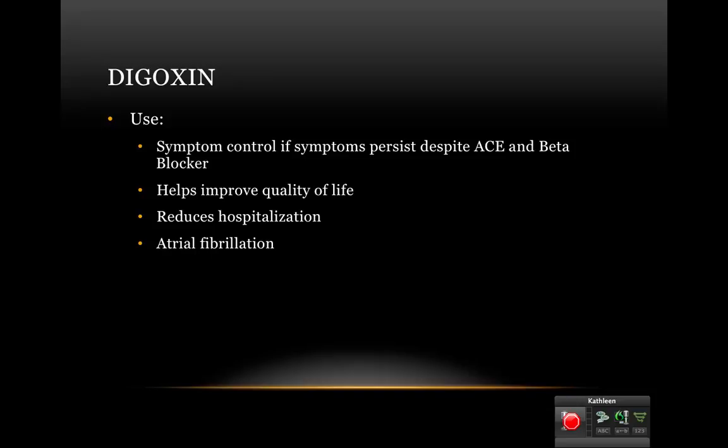DIG is used in symptom control if symptoms persist despite an ACE inhibitor and a beta blocker. It's helped to improve quality of life, reduces hospitalization. It's also used for atrial fib. Lower levels are used for AFib, and they are effective and safer.